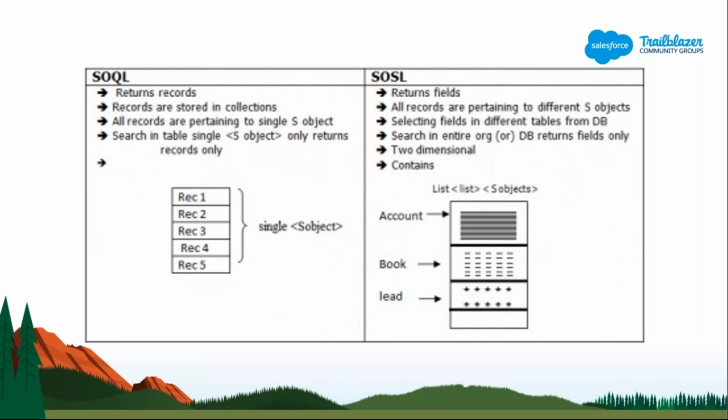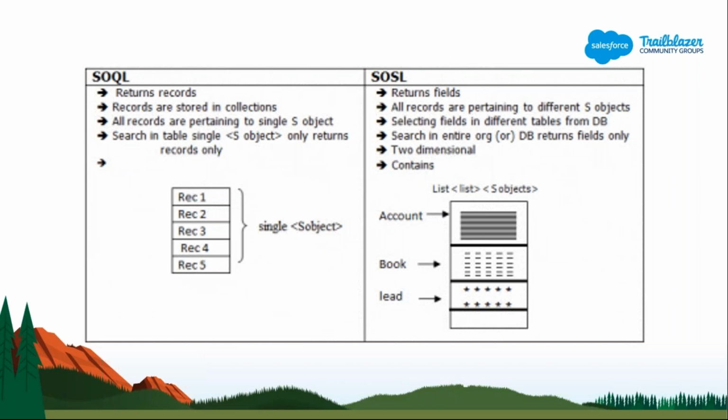And in SOQL, all records are from a single object. You can use SOQL where you are going to fetch records from a single object. But you can use relationship objects also, if they have a related relationship like child or parent.